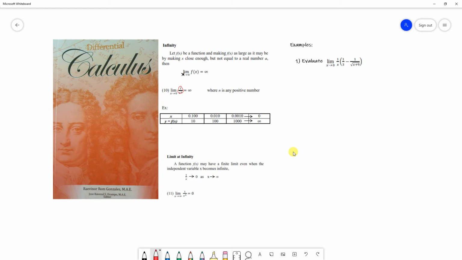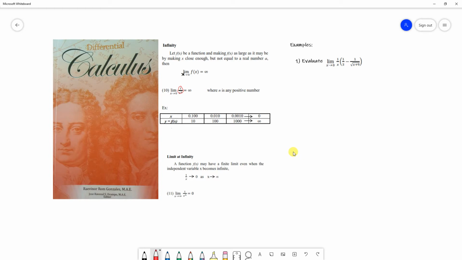Again, 1 divided by 0.01, the answer will become 100. So, habang papaliit ng papaliit si value papunta kay 0, si function naman papalaki ng papalaki. That's why the answer is infinity.